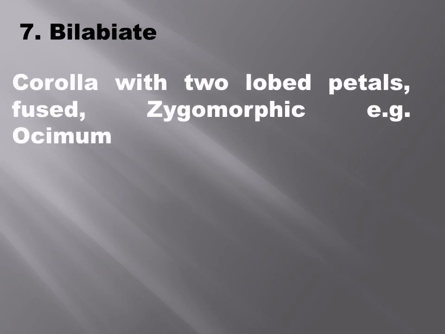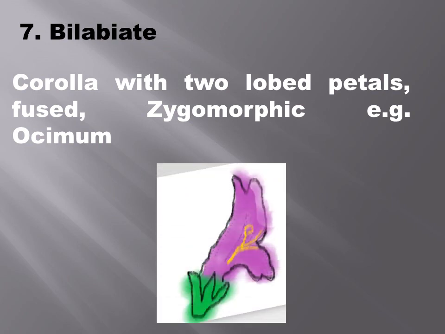The next category is bilabiate. Bilabiate corollas are those where the two-lobed petals fuse together and they are zygomorphic.